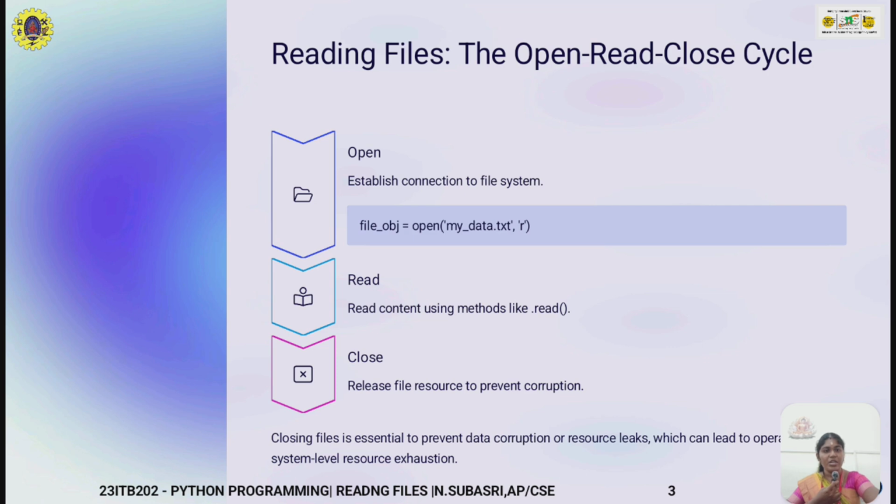After that we read the content using methods. The dot read method is used for reading the content, and after completion we close the file with the dot close command, which releases the file, preventing corruption.